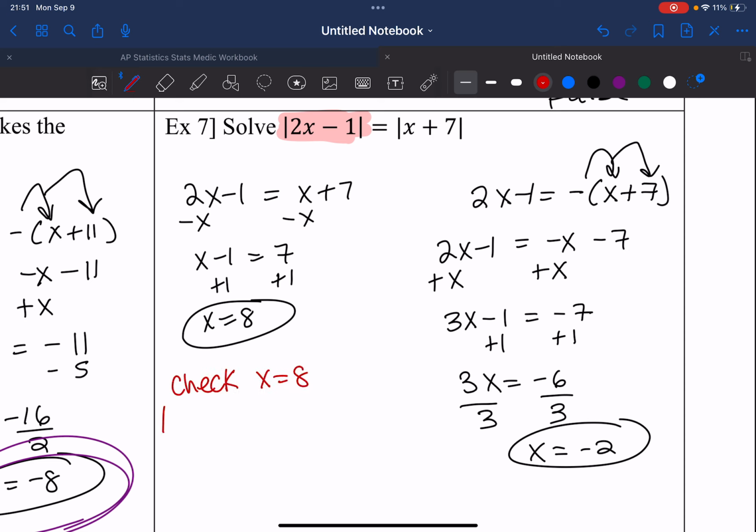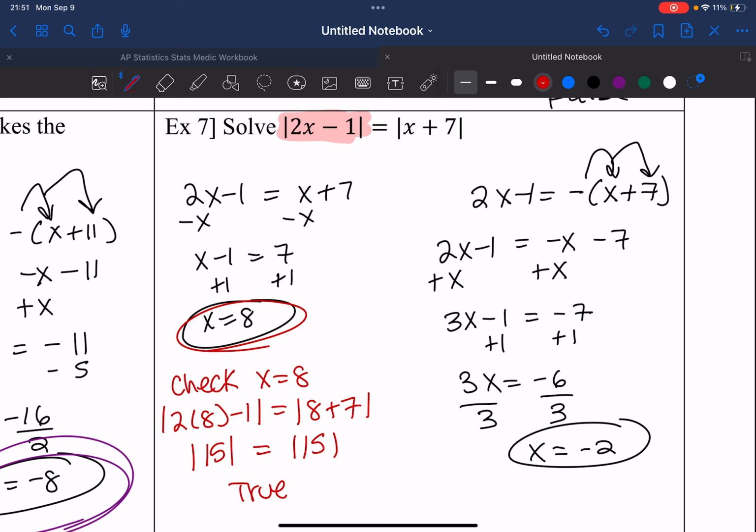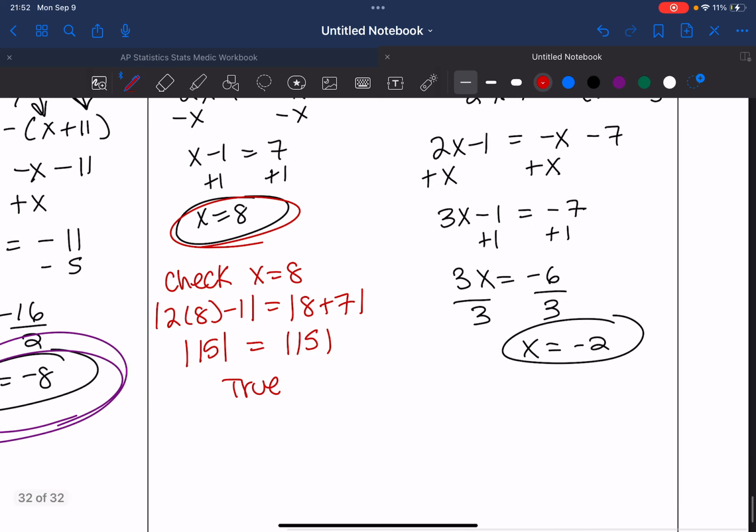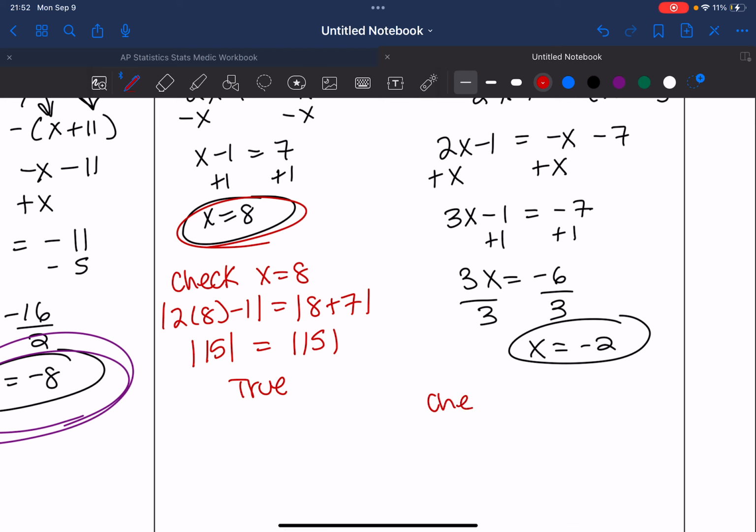So I have the absolute value of 2 times 8 minus 1 is equal to absolute value of 8 plus 7. 2 times 8 is 16. 16 minus 1 is 15. So I have the absolute value of 15 is equal to the absolute value of 15, which is true. So this is a possible answer. Now I'm going to check x equals negative 2.